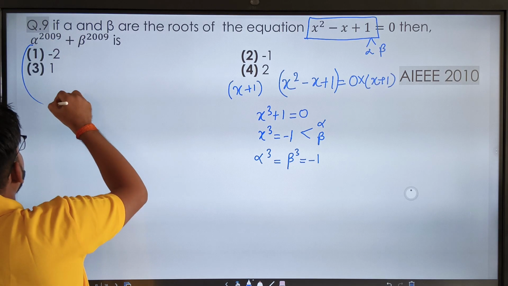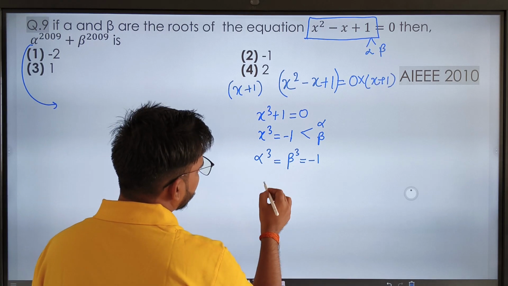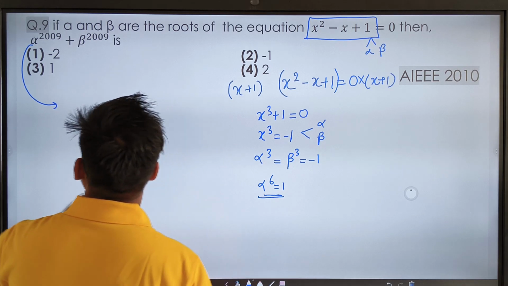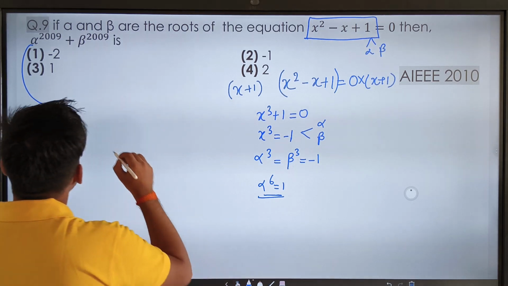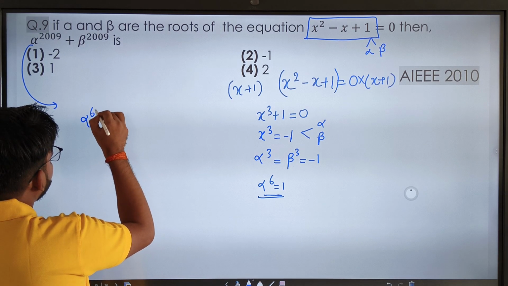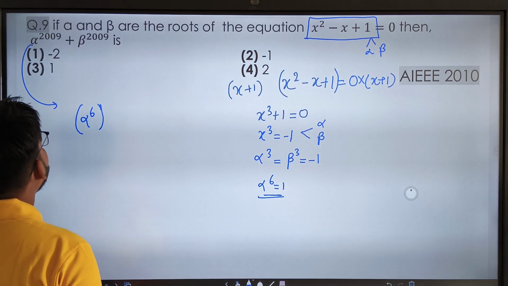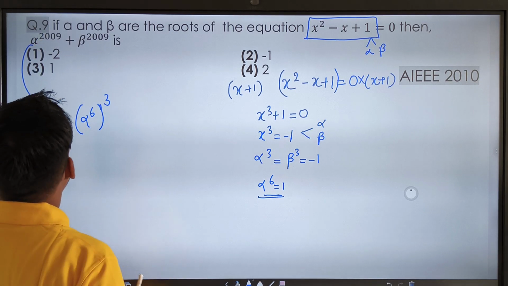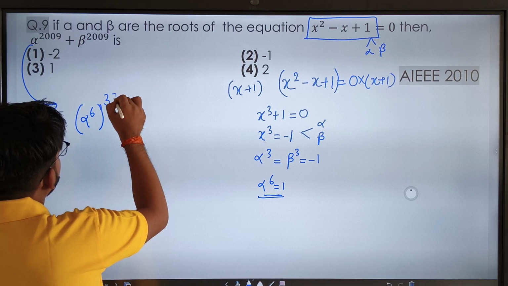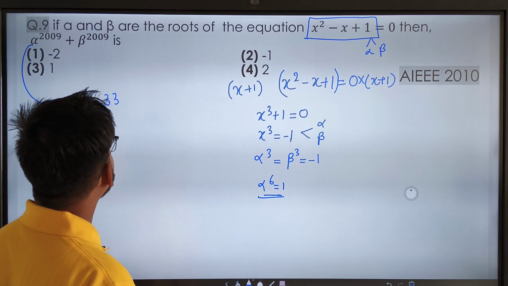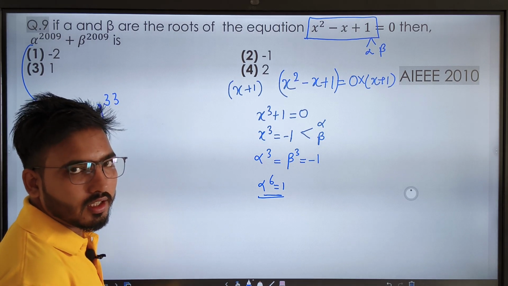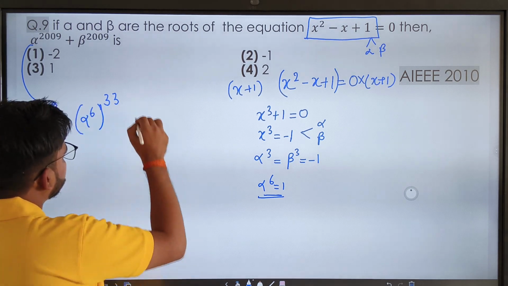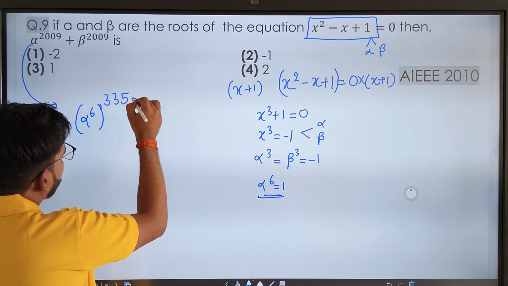So if I write alpha raised to 6, its value is 1. So let us simply divide 2009 by 6. If I divide 2009 by 6, 6 threes are 18, and then again 6 threes are 18, and then 29. 6 fives are 30, and minus 1.